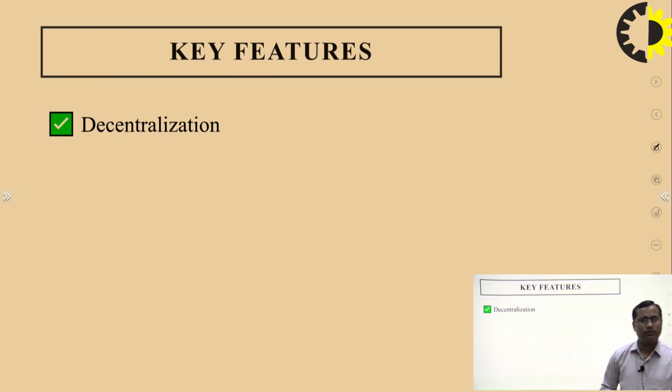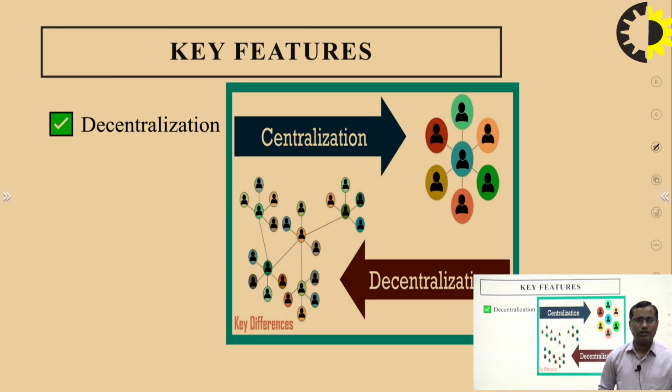So the first and foremost thing, it provides decentralization. So we can see what centralization and decentralization are. We can see here, in the centralized system, there is a central authority who maintains the data. And if this central authority fails, the whole data can be lost. Or this central authority has whole command, whole power to maintain or manipulate this data.